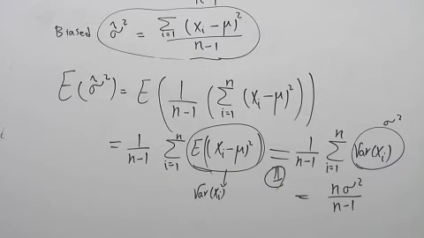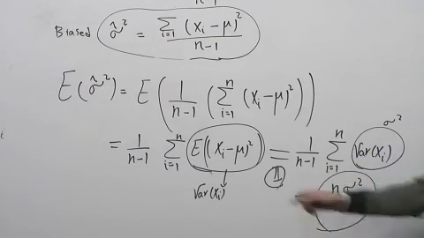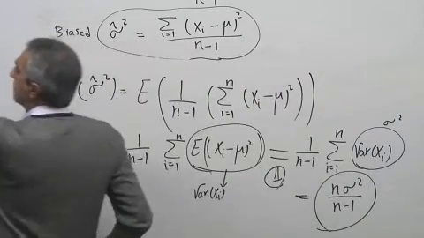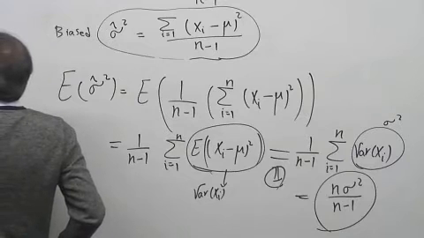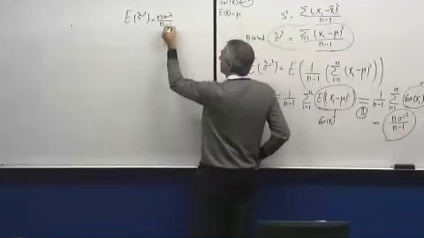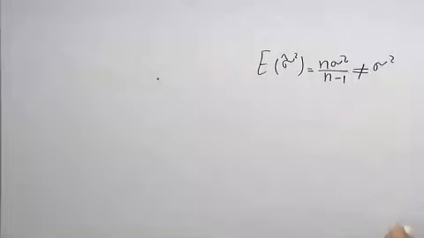Okay? So this is the expected value of your estimator, which is not the same as this guy. Therefore, it's a biased estimator.